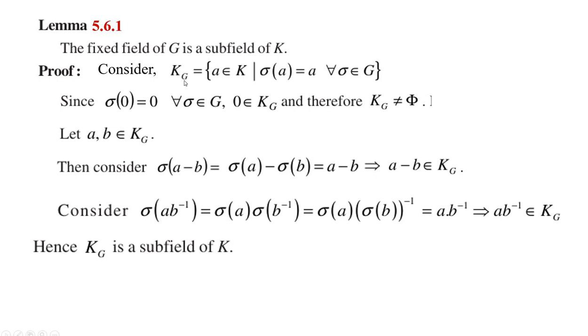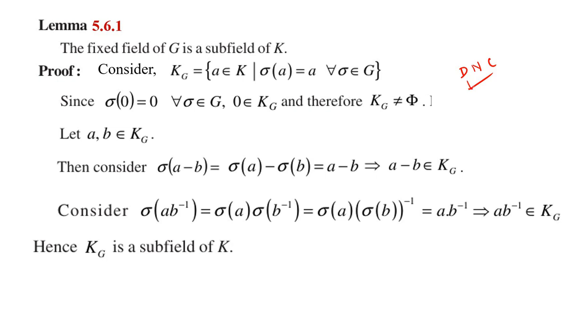You consider K_G, which is all those elements. Whenever you are asked to show that the fixed field of G is a subfield of K, you are supposed to define what is meant by the fixed field of G. Whatever you are trying to prove, any subset to be a substructure, the description should be there. I used to keep saying that D and C is to be remembered.